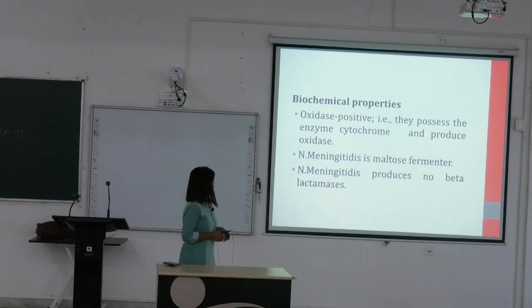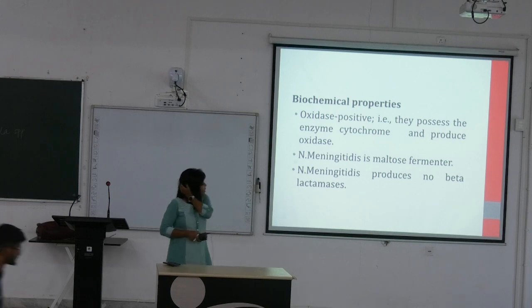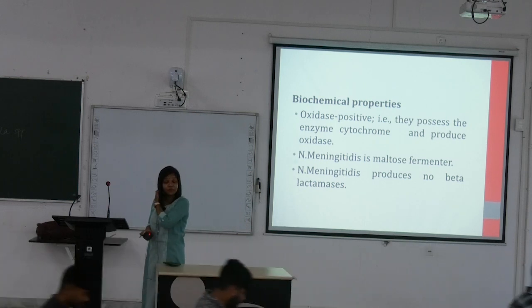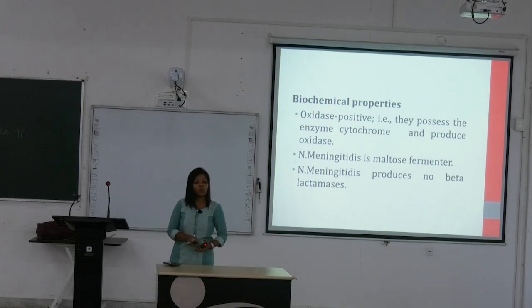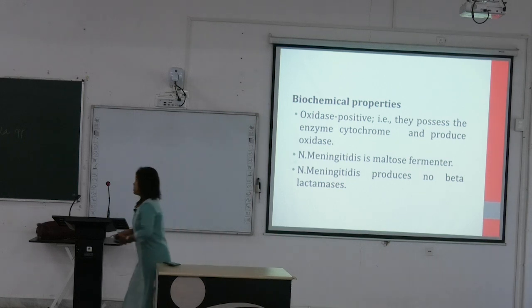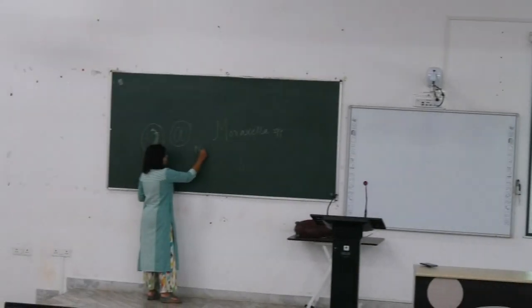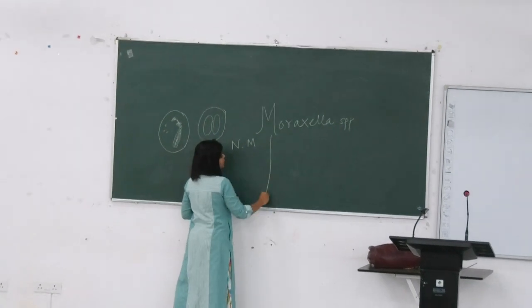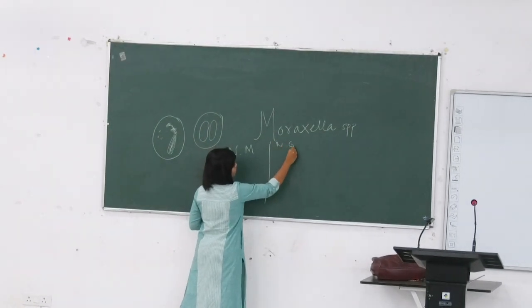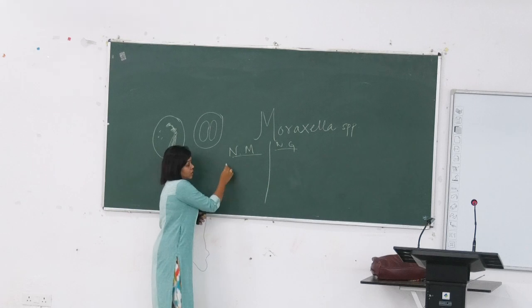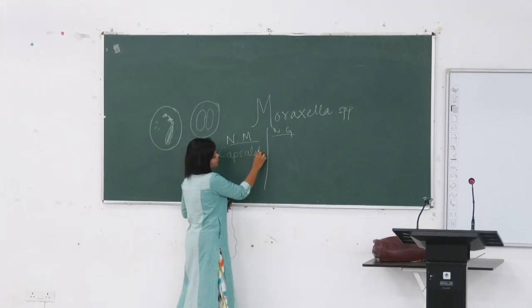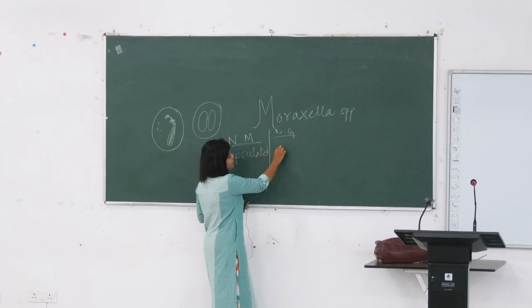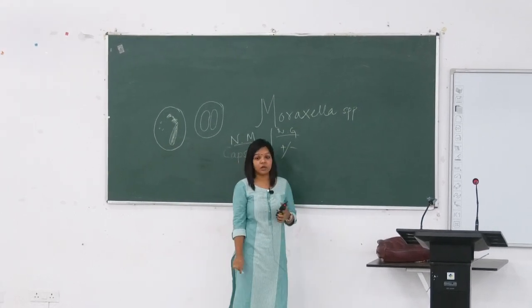Okay, so next is another difference. One difference I told between meningitis and gonorrhea, acha, let's write it down, Neisseria meningitis and Neisseria gonorrhea. এটা always capsulated, meningitis is always capsulated, gonorrhea can be, cannot be capsulated.